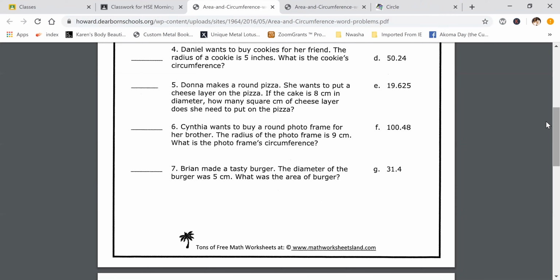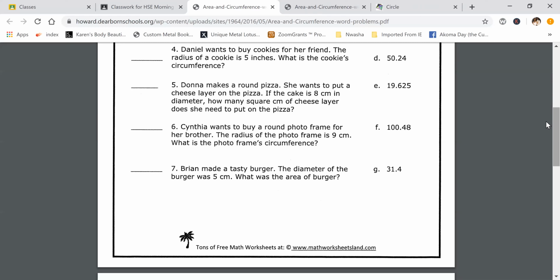And in this case, if they're talking about the cheese layer, you want to use a radius, and that number is not in the word problem. So that happens sometimes, especially in a word problem, where you're saying, okay, if I know that the diameter is 8, I should be looking for the radius to do this. So I need to say 4 times 4 is 16, and then say 16 times pi is the 50.24, so you're putting the answer D.